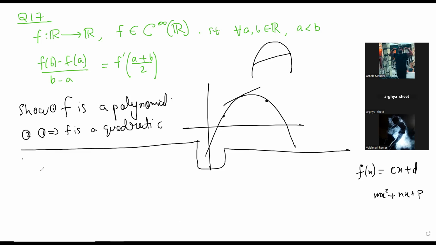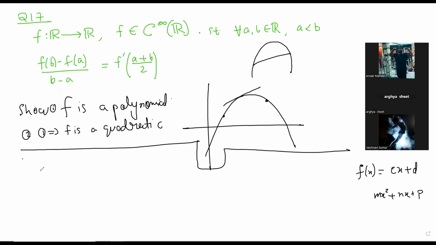But yeah, this is not a good. But as you can understand, this is saying that if there is a horizontal chord, and the slope of the chord is 0, then this is also saying that at the midpoint (a plus b) by 2, if f of a is equal to f of b, then f at (a plus b) by 2 has slope 0.